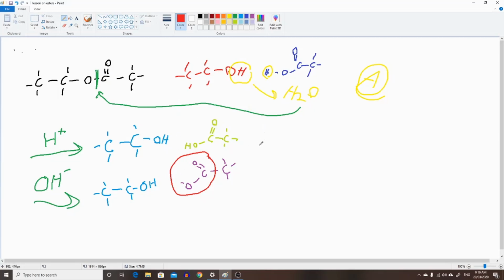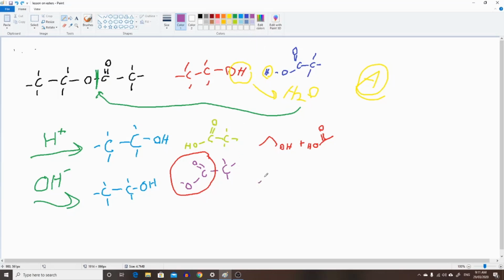So if we were to do it easier, it'd be OH. That's certainly a bit easier to draw. And one double bond O bond H. So there's your acidic products. And let's go back to the purple here for the basic.